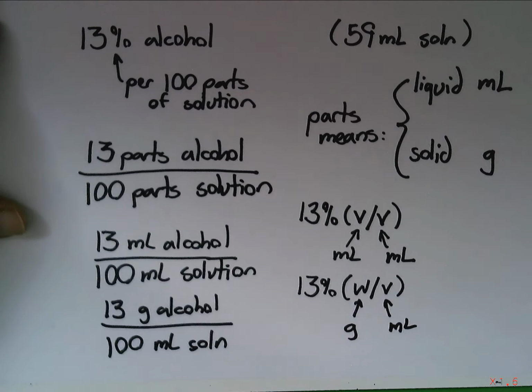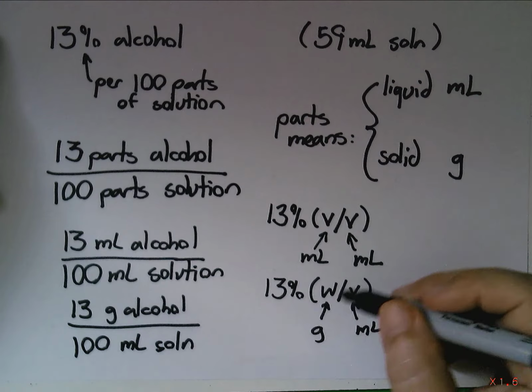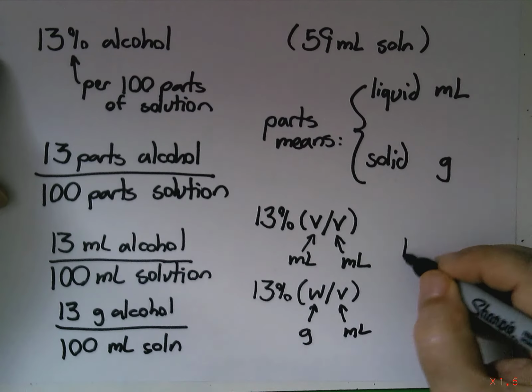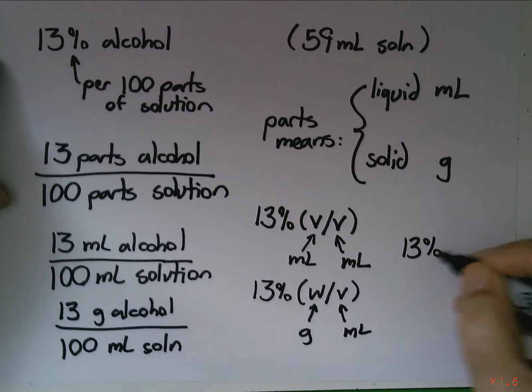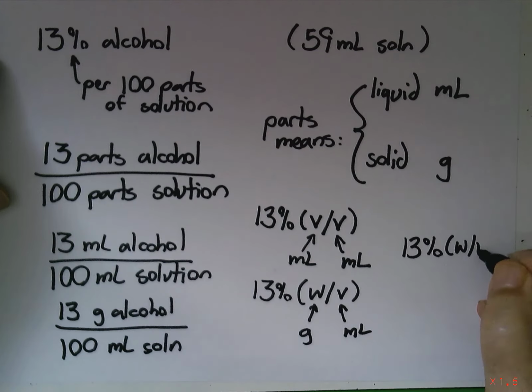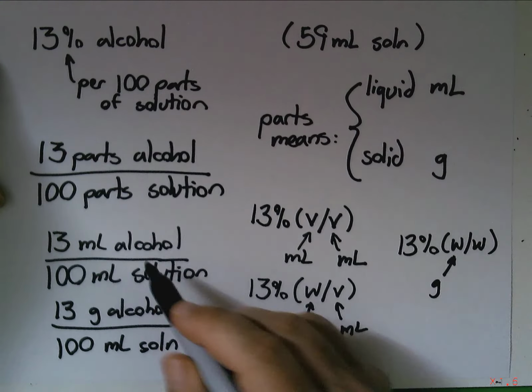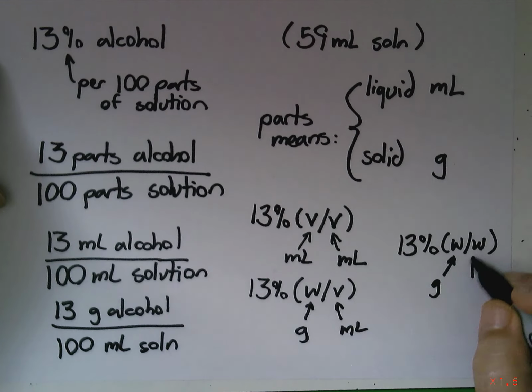And there's a third combination. You can guess what it is. If you're using W's and V's here, you can have all W's. If you have 13% W over W, that means use grams on top of the percentage and use grams on the bottom.